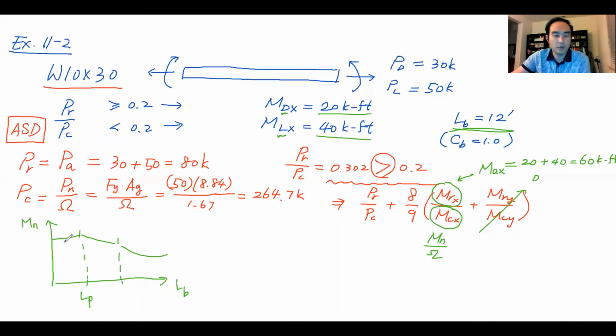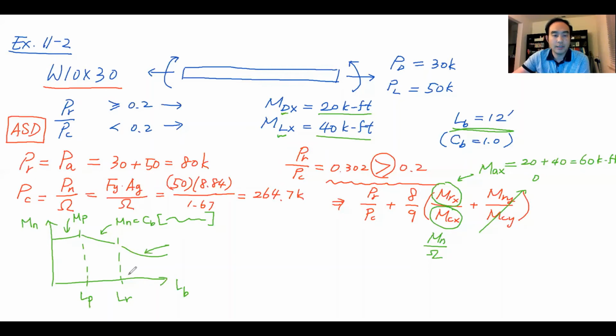The first one is the plastic moment, M P. The second one, M n is equal to C sub B times a complex expression inside of the bracket. That is inelastic lateral torsional buckling, if L sub B is larger than L sub P but less than L sub R. Of course, if L sub B is less than L sub P, then our M n is going to be equal to M P. If L B is larger than or equal to L P but less than L R, then we are following this equation.